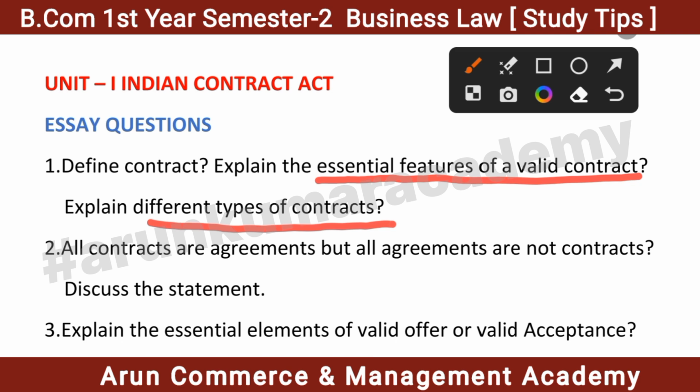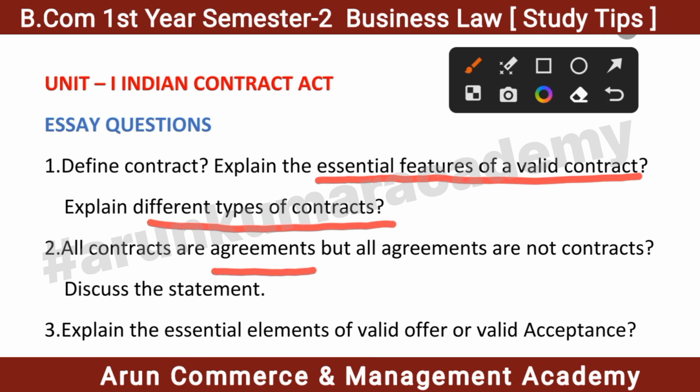For this question also you need to write the elements of the contract. There are two elements of the contract: first is agreement, then enforceability, right? So at the end of the day you need to conclude that all contracts are agreements but all agreements are not contracts, right? Only commercial agreements we can enforce but not the social agreements.